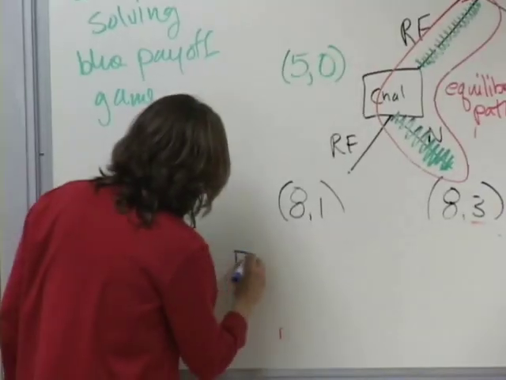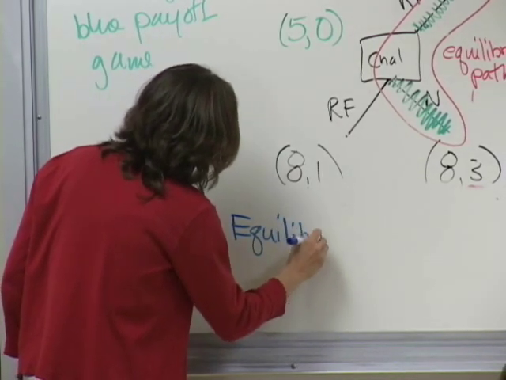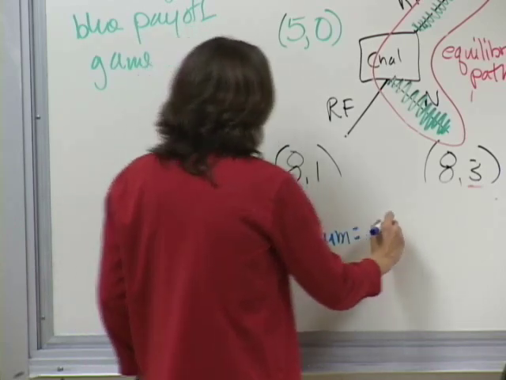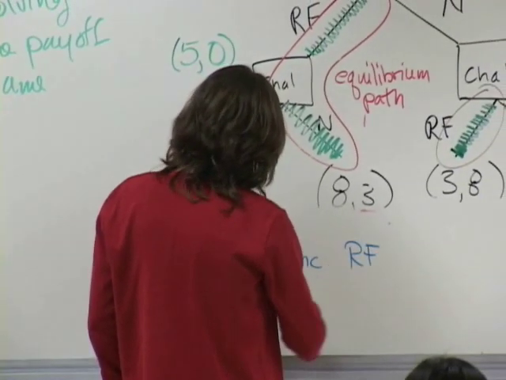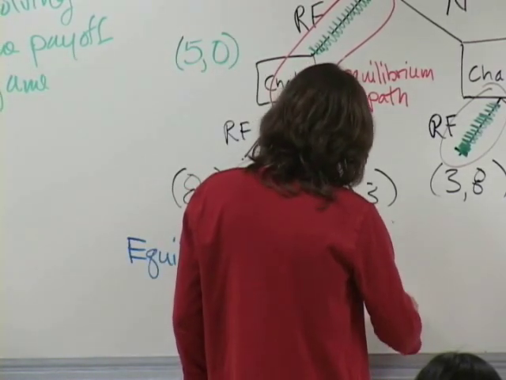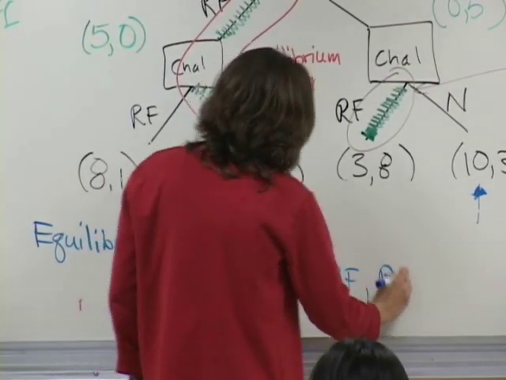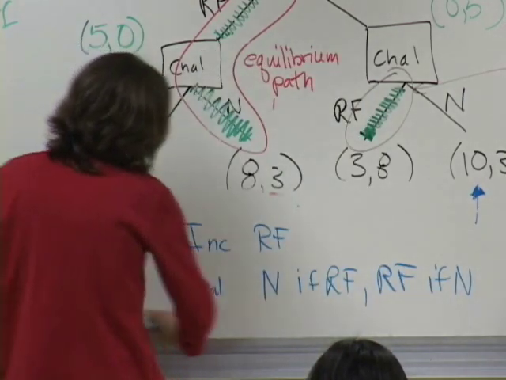So, let me write the punchline here. Equilibrium in this game is incumbent, raise funds, challenger, not if incumbent raises funds, but raise funds if not.